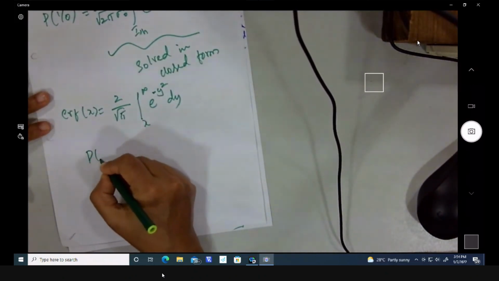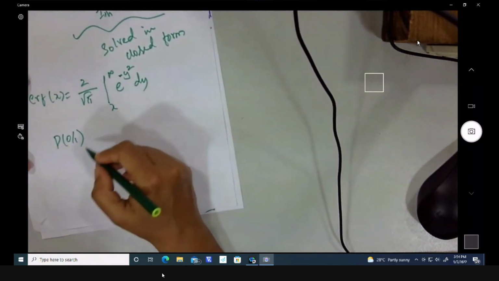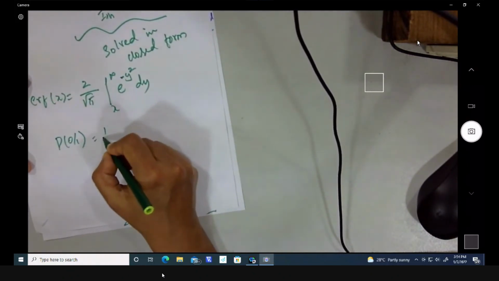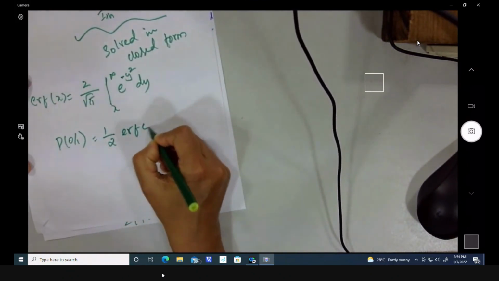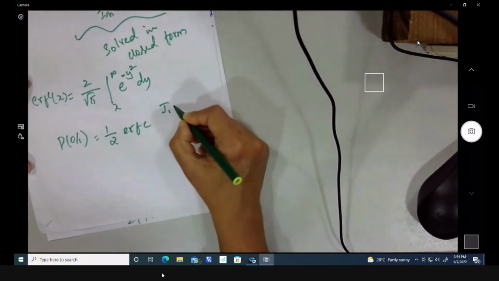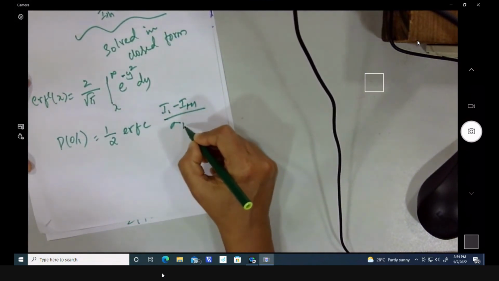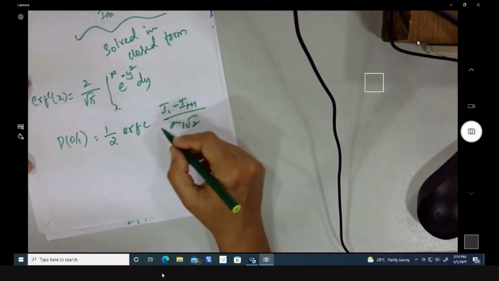So we are going to put these two values in terms of this error function only. That will be equal to 1 by 2 complementary error function of I1 minus ITH by sigma 1 into root 2.